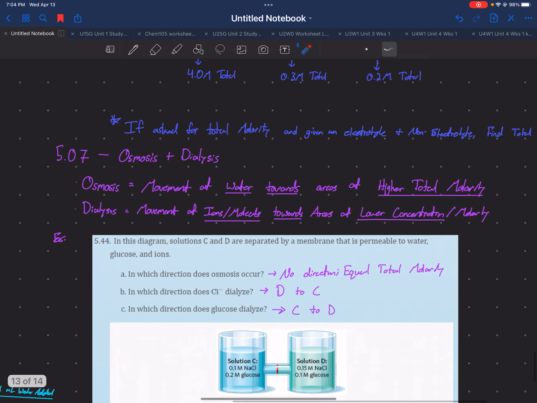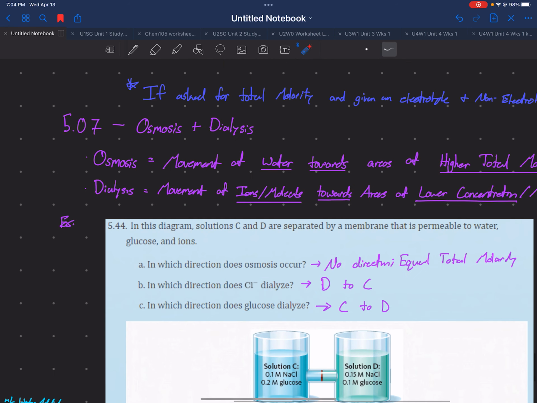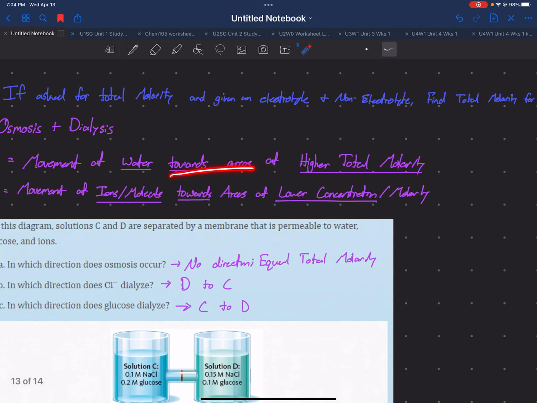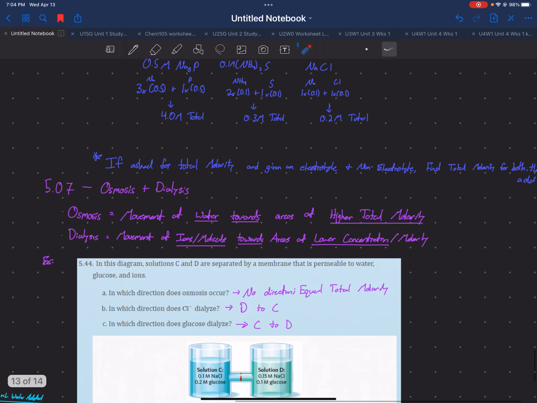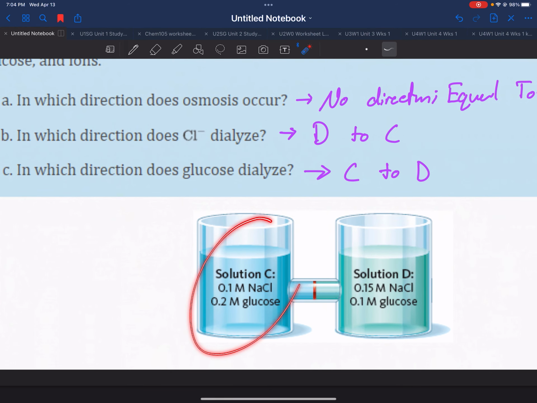So now we move on to, I think, the last of the core material, which is osmosis and dialysis. So what are these two words? Osmosis is the movement of water towards areas of higher total molarity, right? Actually, never mind.